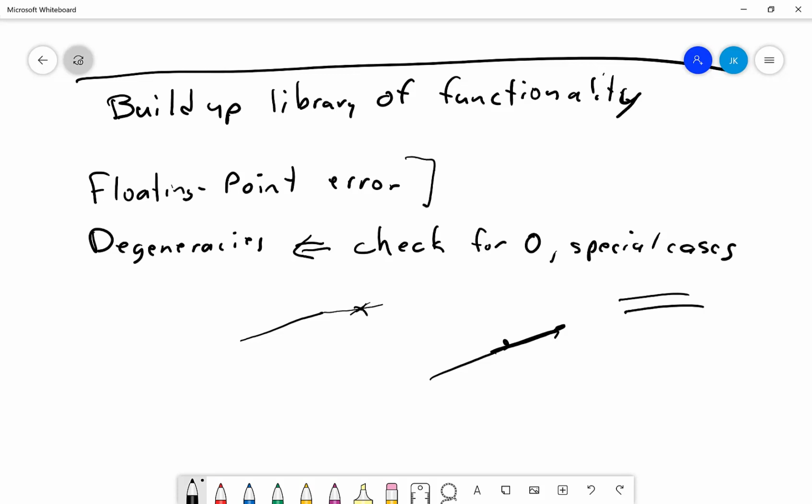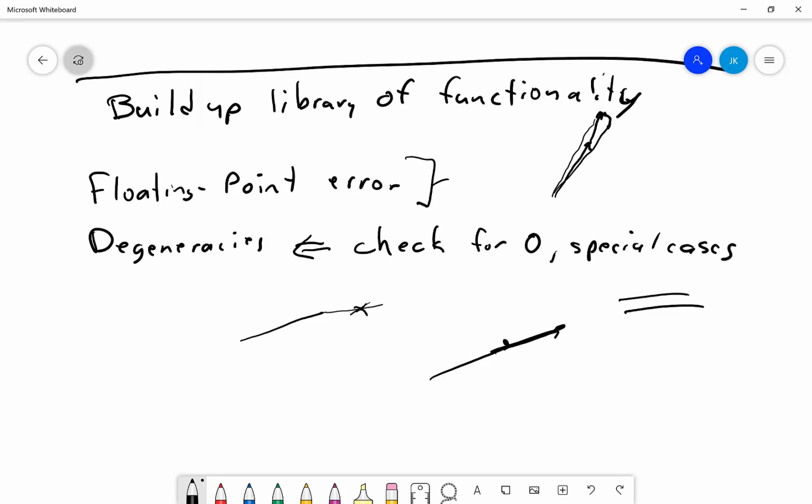And all of this gets magnified by problems of floating point error. When you do floating point calculations, you're all familiar with the little bits of round off error that you get. Well, these things can kind of compound. The reason that's a problem in geometric calculations is you might have one thing and another vector, and you want to know, am I making a left-hand turn or a right-hand turn? And the little bit of numerical error that doesn't seem like it should be so bad might change that point from being a left-hand turn to a right-hand turn.